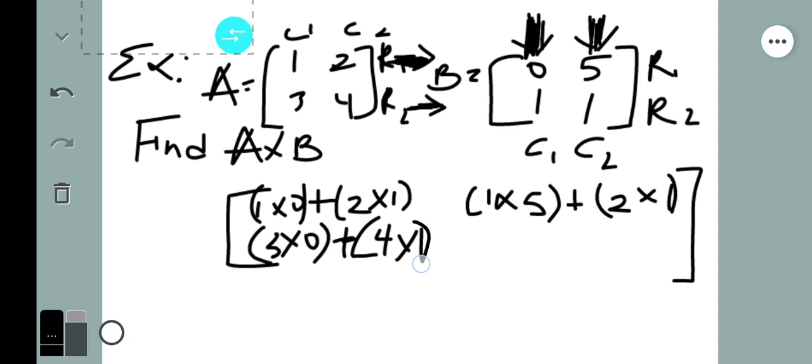So this multiplied by this is 3 times 0 plus 4 times 1. That will give me this. That is row 2 multiplying column 1.